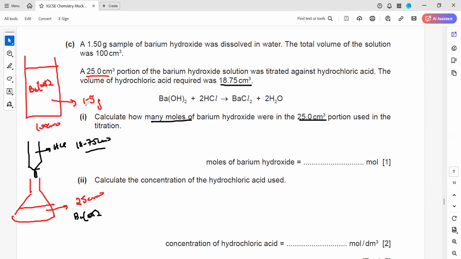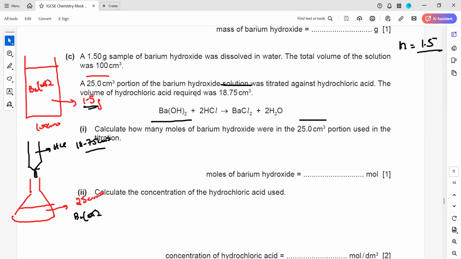First, I will find how many moles are there in the 100 cm cube. Moles equal mass in gram over molar mass. So mass in gram is 1.5. And the molar mass of barium hydroxide is already given, 171. So 1.5 divided by 171.